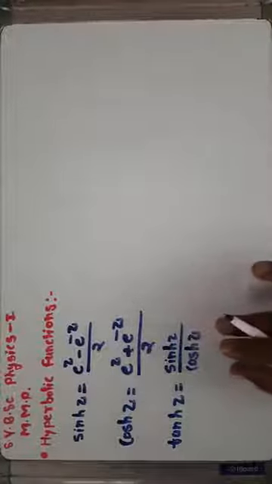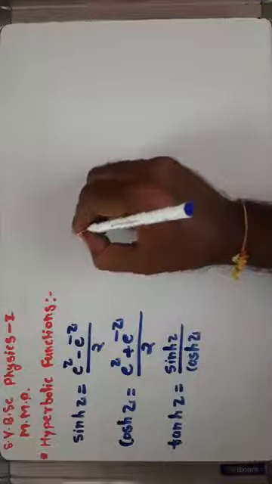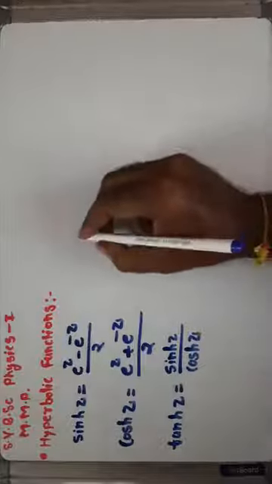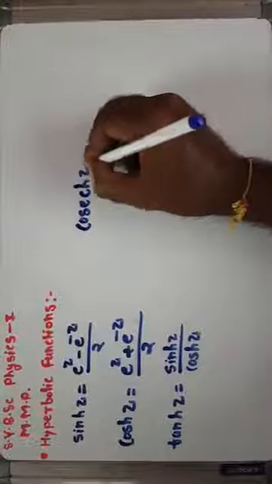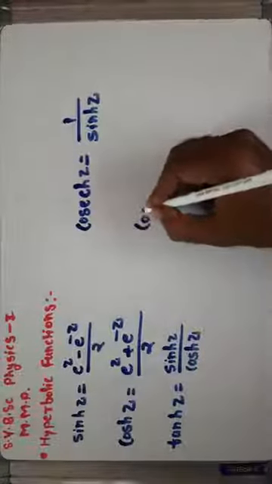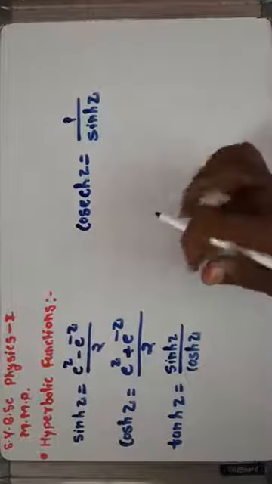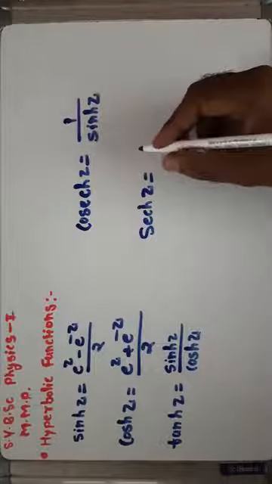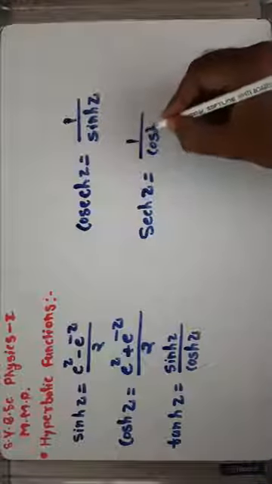Then cosech z is equal to 1 upon sinh z, the inverse of sinh. Sech z is equal to 1 upon cosh z.